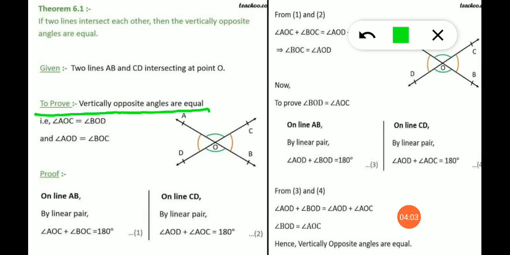From the figure, the two pairs of vertically opposite angles are: the first pair is angle AOC and angle BOD, and the second pair is angle AOD and angle BOC. We have to show that these angles are equal to each other.